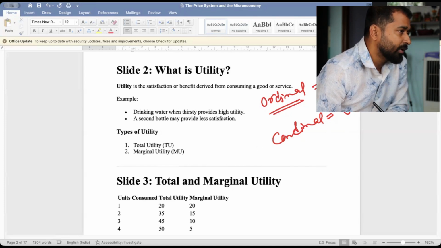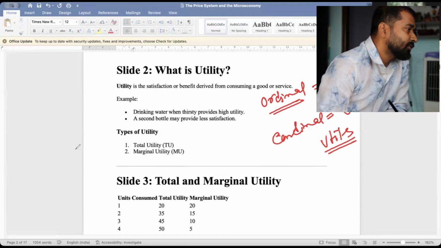That word is nothing but quality. But from the economics point of view, when making calculations we need numbers. When we convert this quality into numbers, that is known as utils. That means utility shown in the form of numbers is known as utils.